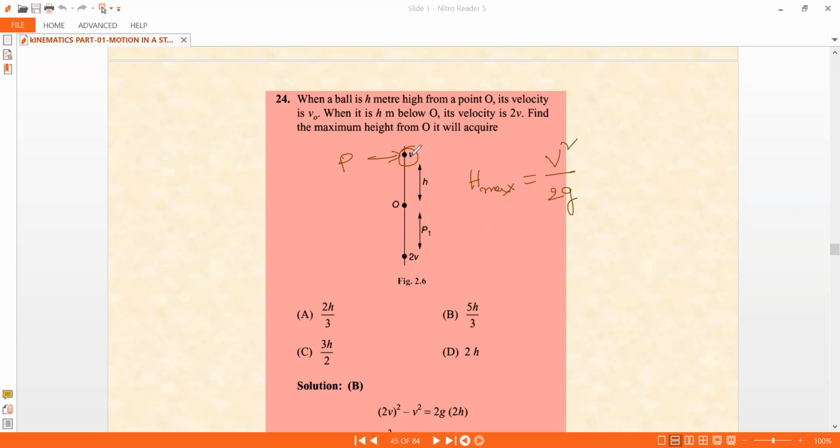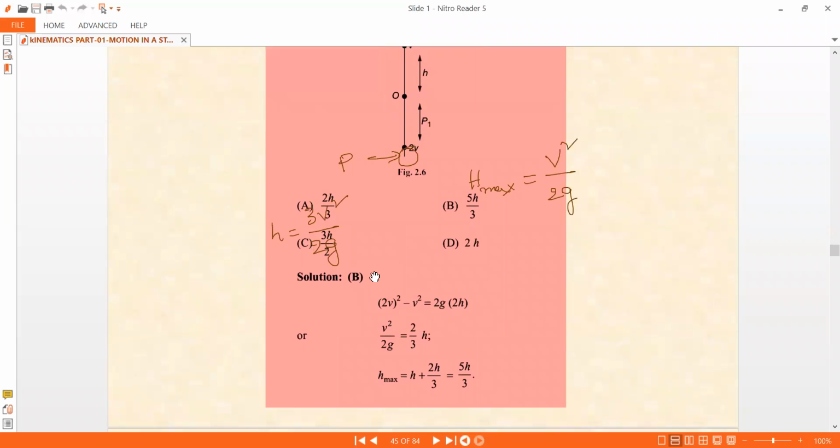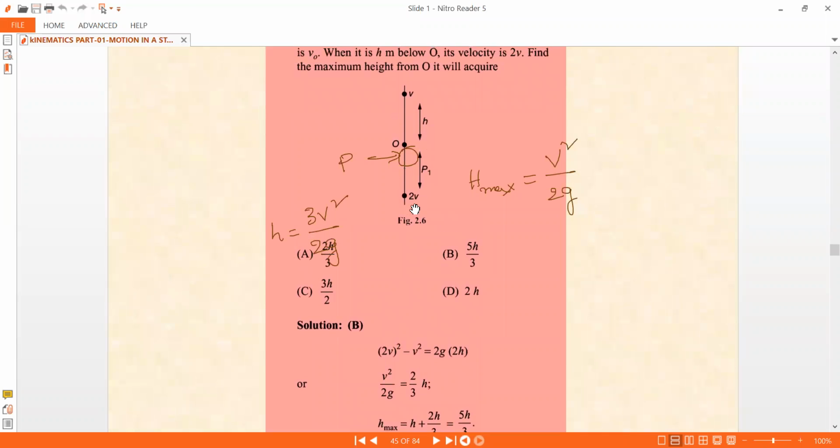And now you have the h from the calculation. What we got is 3v square by 4g, sorry.